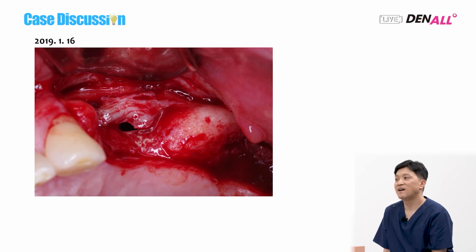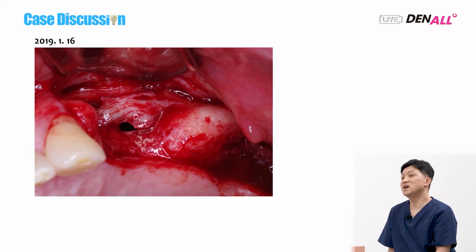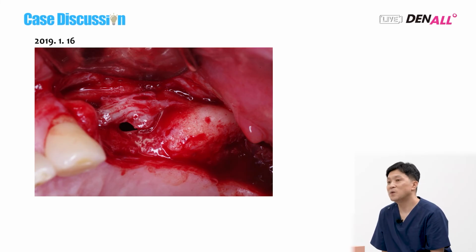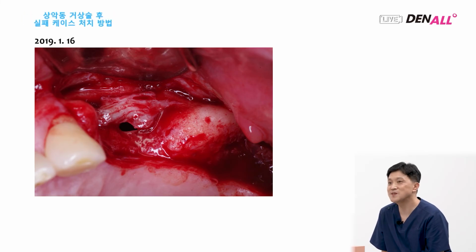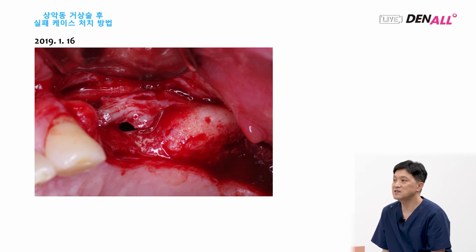As you can see, before the membrane elevation, oral mucosa and sinus membrane are adhered to, so if you're not careful, a hole is made. So when they are attached like this, not blunt dissection but sharp dissection using a blade should be done to separate oral mucosa and sinus membrane.